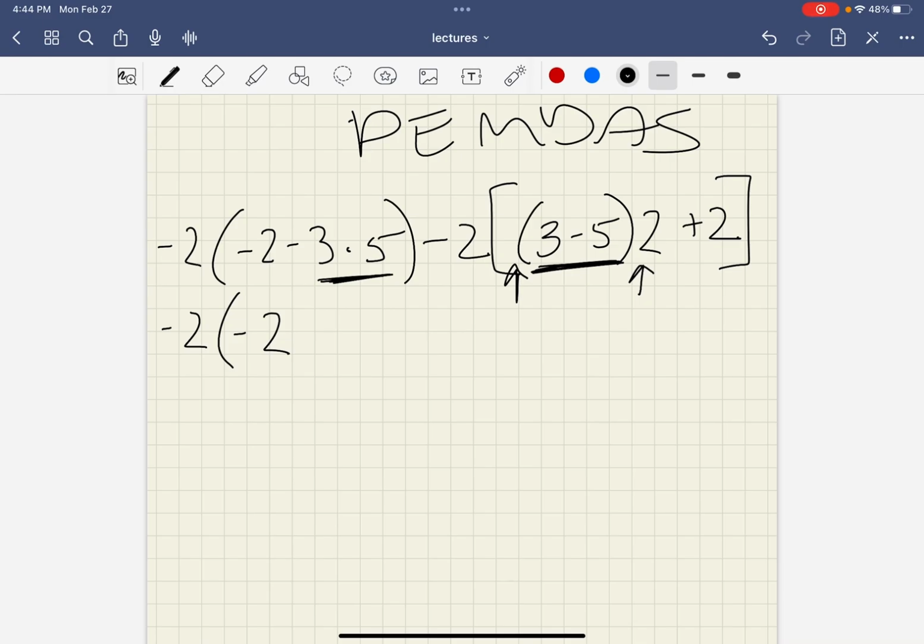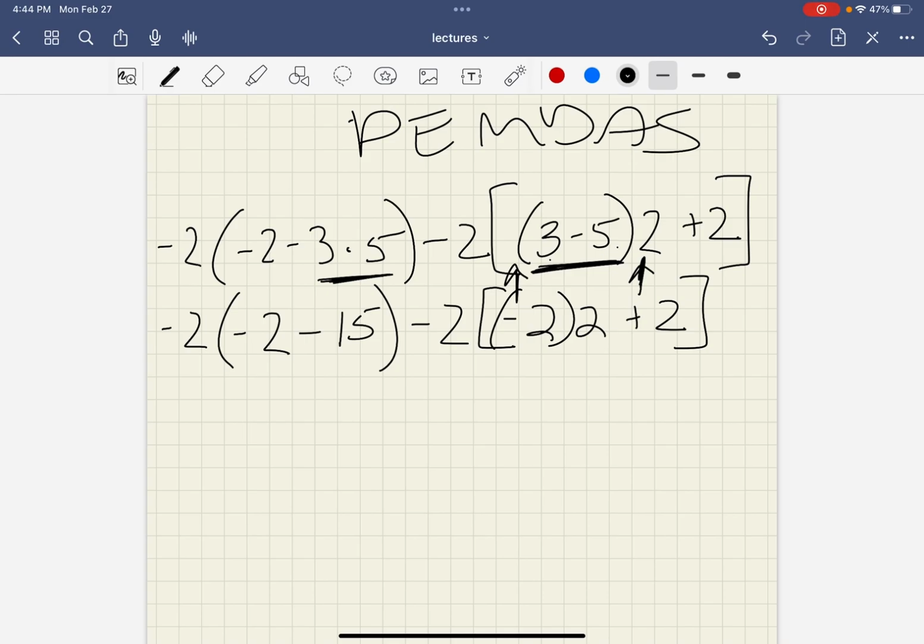And then negative 3 times 5 is negative 15. Okay, moving forward. 3 minus 5, that's unlike signs. So we subtract. Take the sign on the bigger number, which is negative. I'll leave that in parentheses so that I remember I have to multiply it times this 2.